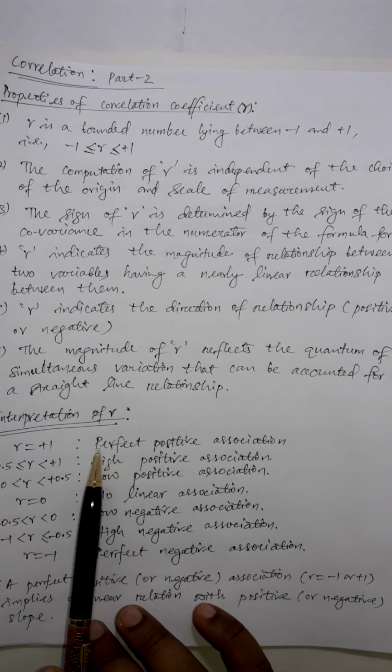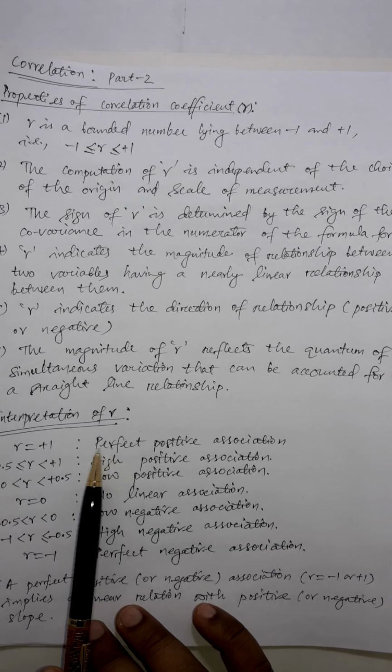And if the coefficient of correlation is a number between 0.5 and +1, then it is called high positive association. If it is between 0 and 0.5, then it is called low positive association.